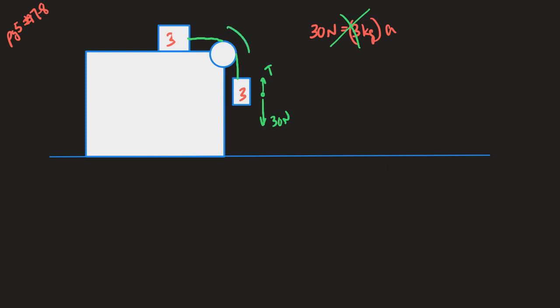If I choose this way to be positive, then that will be 30 minus tension equals 3A. The box that's on the table is experiencing one pulling force, tension, and it's pulling in this direction. That has to equal 3A.